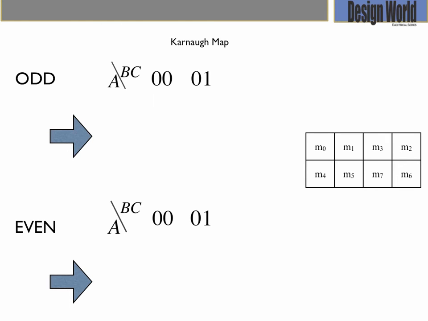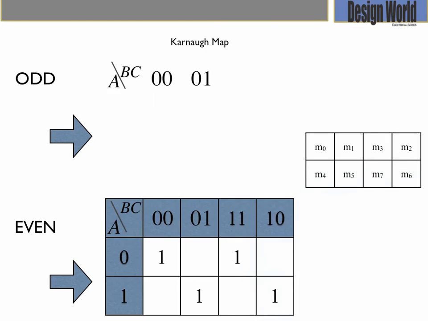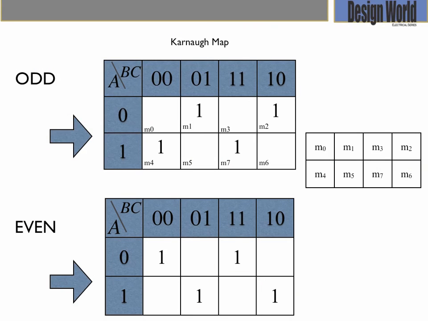Moving ahead, a 3-variable map is shown. There are 8 minterms for 3 variables. Hence, the map consists of 8 squares and 3 variables A, B, and C. The 0 and 1 marked in each row and column designate the values of the variables. The M value designates the order in which calculations are derived.